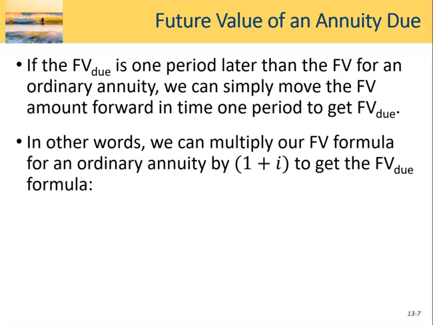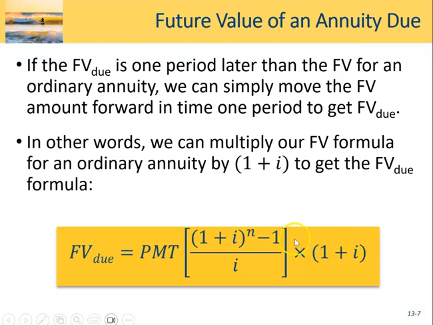But again, I'd like you to have a look at the formula, but we will be using our financial calculator to do this calculation, which is going to make it that much easier. Okay, so in other words, we can multiply our future value formula for an ordinary annuity by 1 plus the interest rate to get the future value due formula.